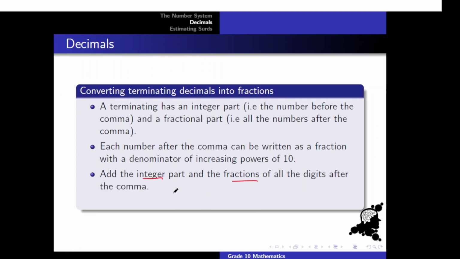So again, if I look at, let's say, 16,47, I could say this is 16, our integer part. Then I'm going to add the fractions of the fractional part: the 4 here is going to be 4 over 10 plus 7 over 100. I hope that this makes sense. This is exactly how we are going to convert our terminating decimals into fractions. Enough said, let's look at a practical example.